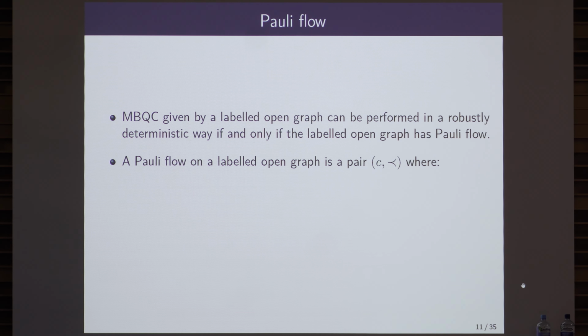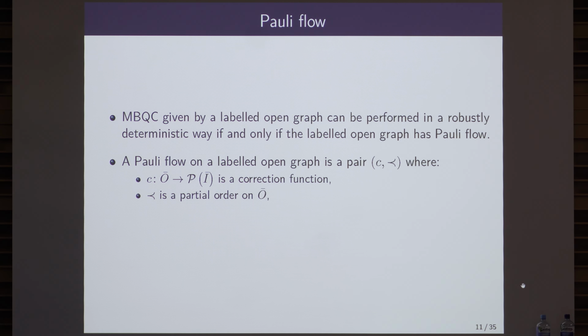Pauli flow itself is defined as a pair of a correction function and a partial order. So the C here is the correction function, which to each non-output specifies sets of non-inputs that we would use for correction. So that specifies the stabilizer that we are trying to complete to for each measurement.